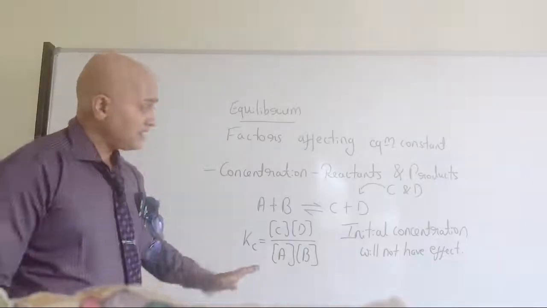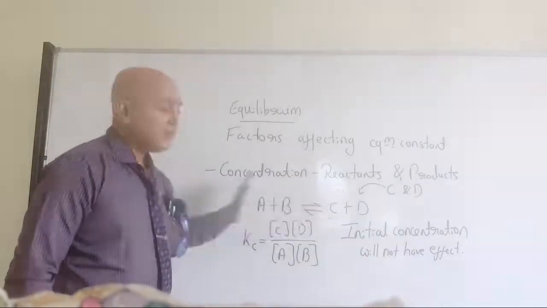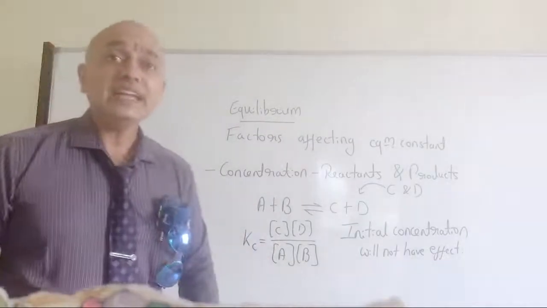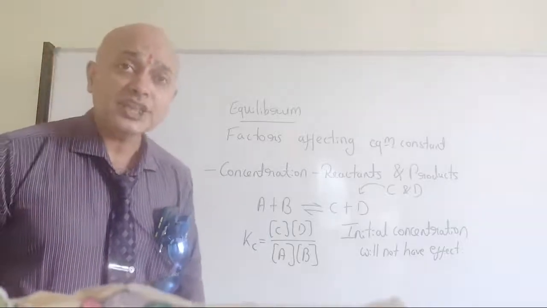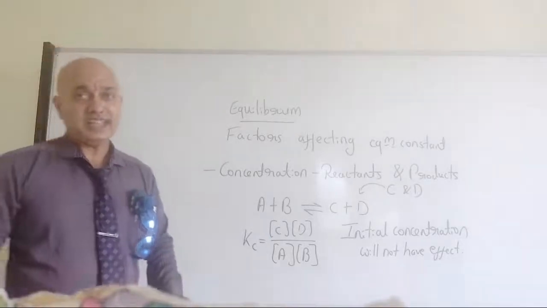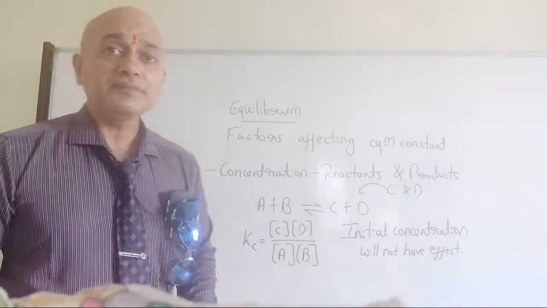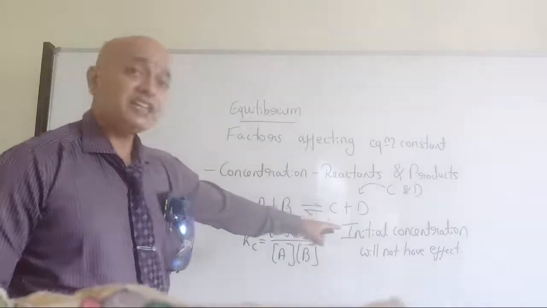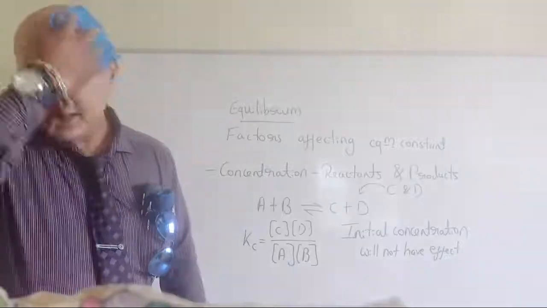Equilibrium will be affected once it has been reached and you add a product or reactant. It's going to decide whether the forward or backward reaction occurs. Any doubts with regard to the effect of concentration? And don't forget what I mentioned about initial concentration.